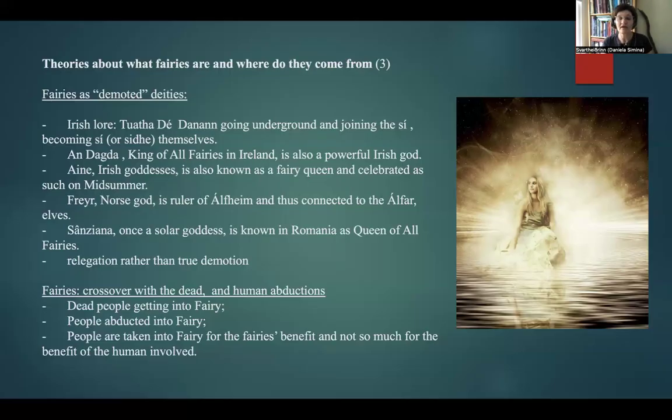Fairy beings: a crossover with the dead and human abductions. So we have stories telling about dead people getting into Fairy, and there is capitalized Fairy here as an indication for the fairy realm. We'll get into more details about this.